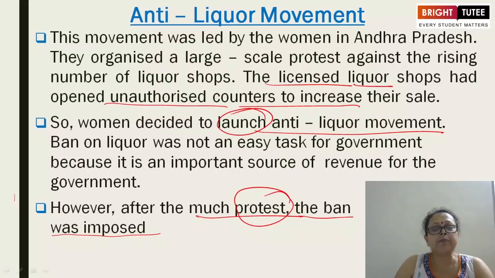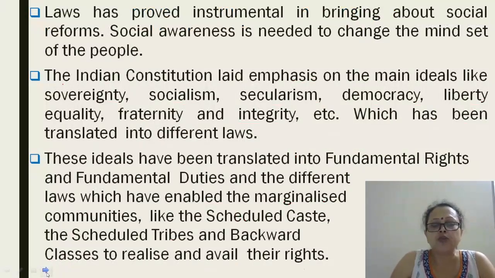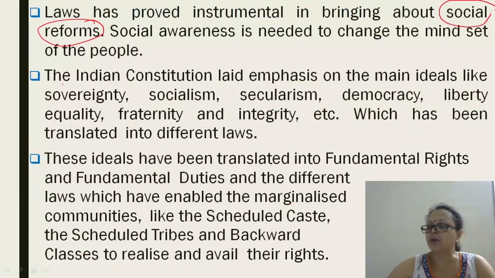So this is the importance of law and dissent. Laws prove instrumental in bringing about social reforms. Although the government had the laws, the ban on liquor was imposed.